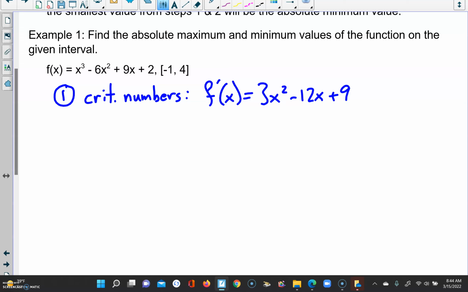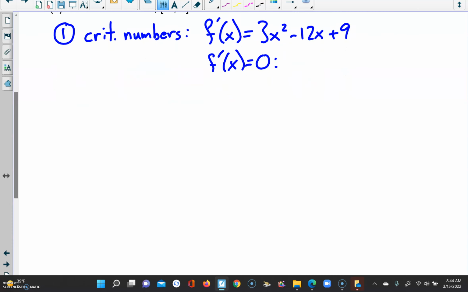So the f prime of x is going to exist on all the real numbers. So there's no reason to keep moving forward with that. So we'll just go ahead and focus on the f prime of x equaling 0. Where does that happen? Those are going to be my candidates for the absolute max and min.